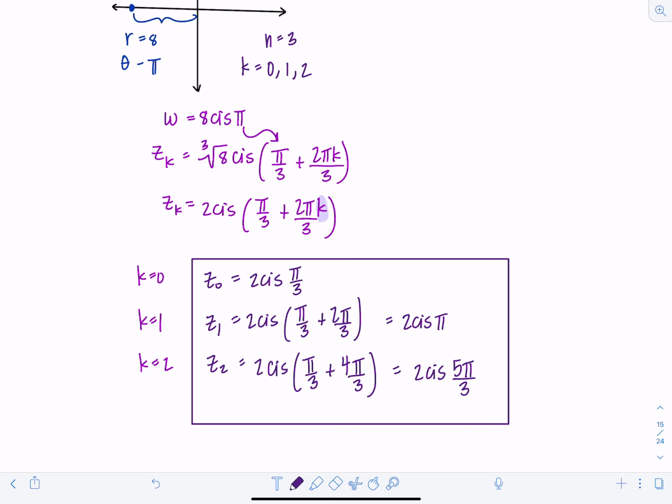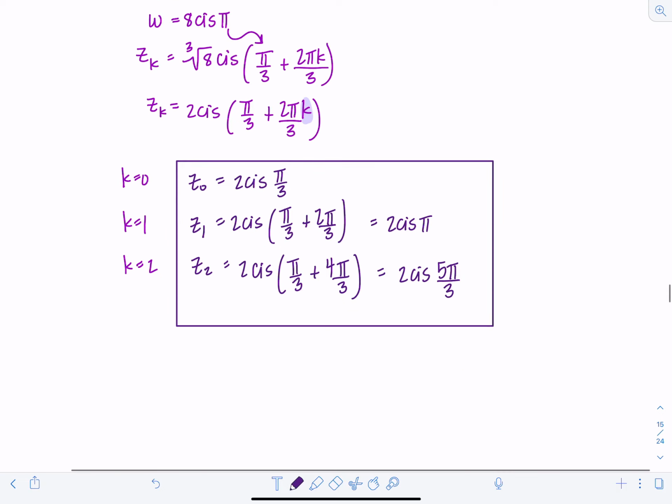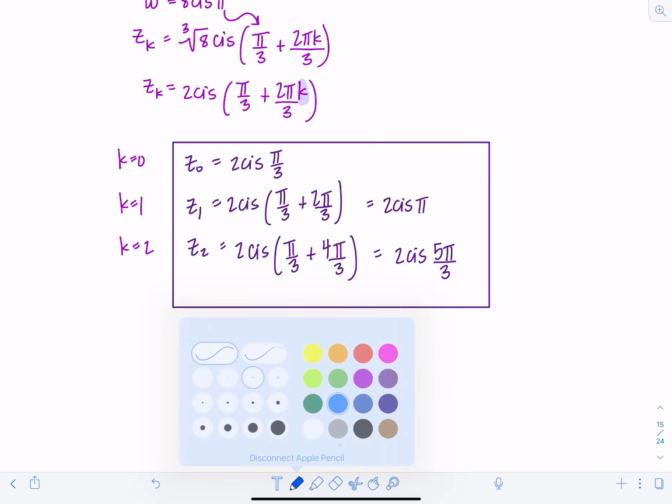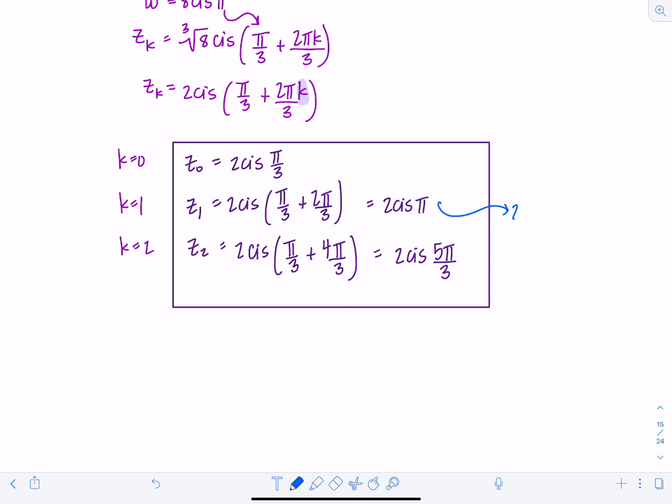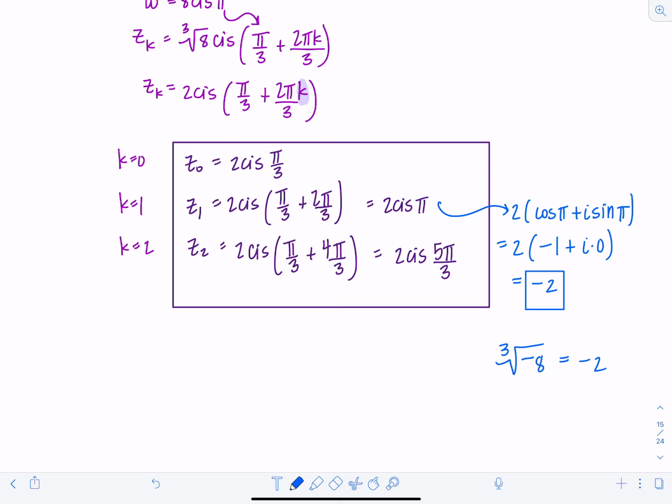Now I want to point out something. One of these you already know. 2 cis pi, that's 2 times cosine of pi plus i sine of pi, right? And cosine of pi is -1, sine of pi is 0, so this is -2. And I'm sure if I asked you before watching this video, what is the cube root of -8, you would say -2.